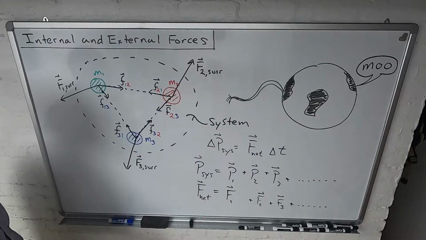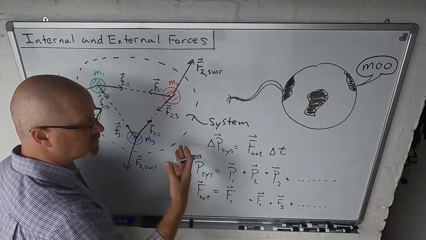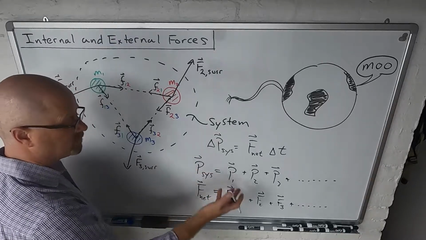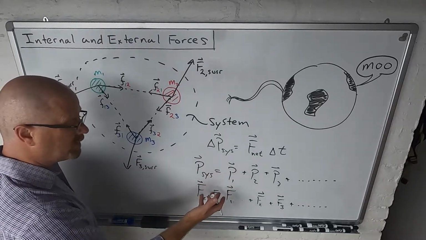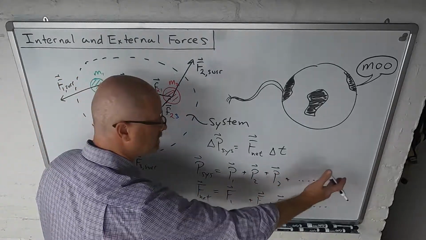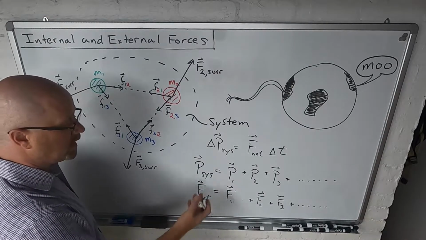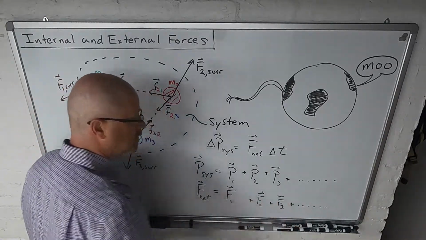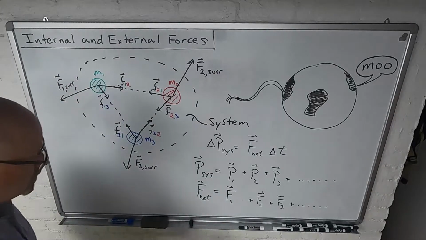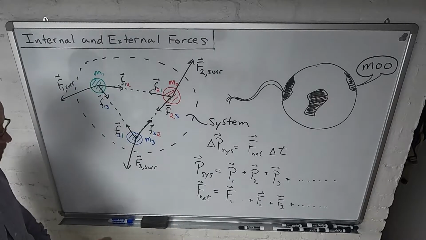So again, all I'm stating here, nothing new, is that things like momentum or even changes in momentum, whether these are initial or finals, it doesn't really matter. We can always take all vector quantities that we're calculating and sum them to get what we might have for the system, and we can sum to have the net forces because they are also vector quantities. So vectors make our life slightly easier.